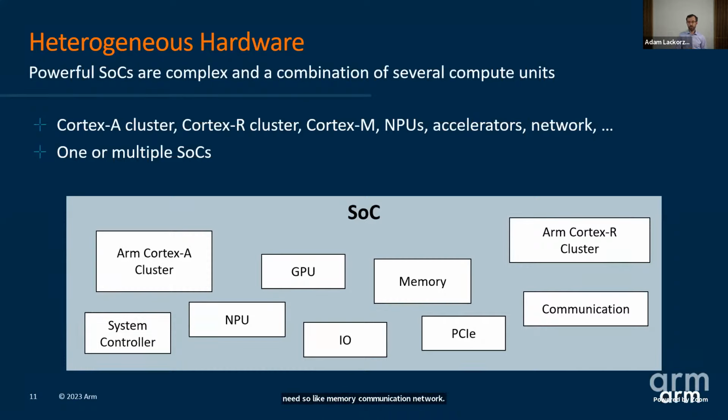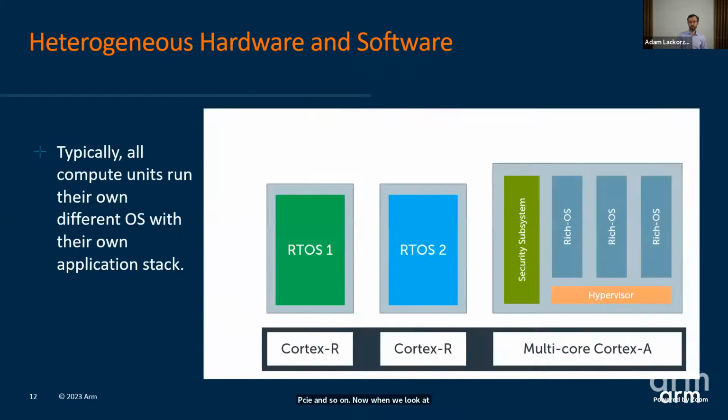Now, when we look at this from a software perspective, what is being done there? Each of those processors on the SoC typically runs its own software stack, or its own RTOS with its own software stack. One can be, for example, a classic AutoSAR, and another RTOS is a different variant of that.